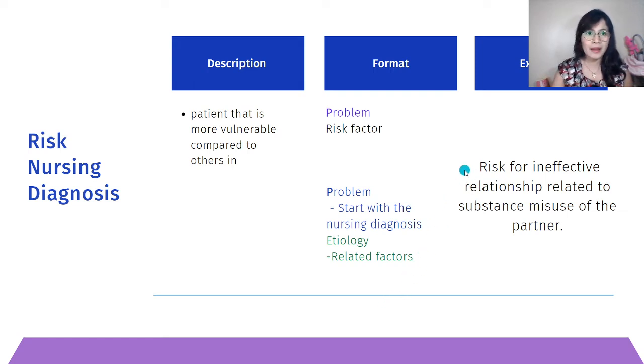For the problem statement, we have risk for ineffective relationship related to, and that is now the risk factor, substance misuse of the partner. Again, this is not a problem that is being experienced, but the client is at risk of experiencing this one.